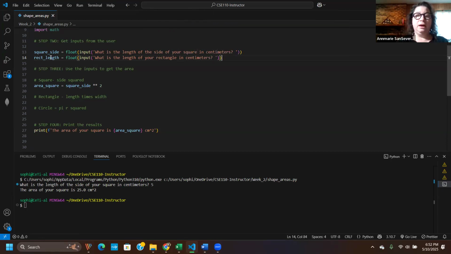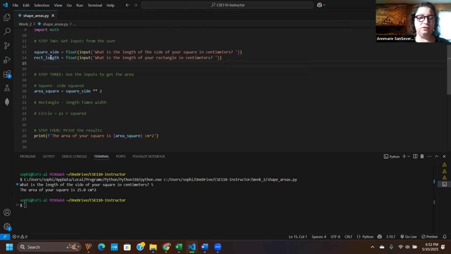And because computer programmers are generally a little bit lazy, I'm just going to copy and paste. But remember to switch this to width. And I need to switch to width here. What is the width of your rectangle in centimeters?